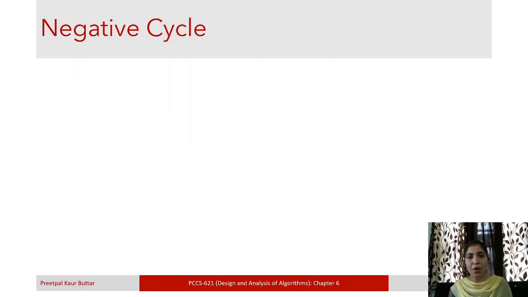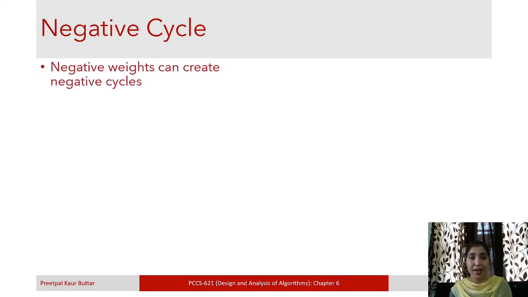From the concept of negative weight edges, another concept called a negative cycle comes into existence. So what is a negative cycle? A negative cycle is created by negative weights. Negative weights may create a negative cycle, but they do not always create one. A negative cycle is a loop or cycle with a negative total weight.